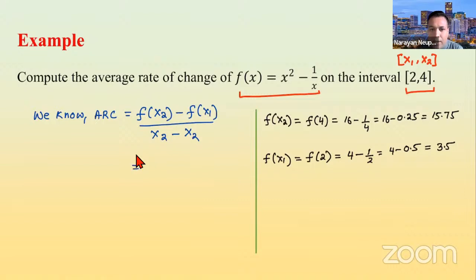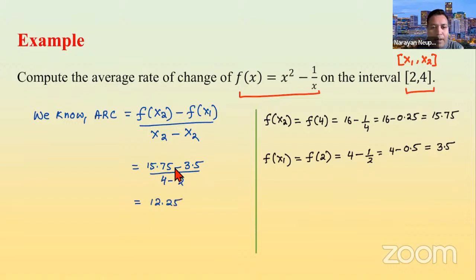So here, if we plug in, f of x2 is 15.75, minus f of x1, you can see f of x1 is 3.5, divided by, in the denominator, we have x2 minus x1. x2 is 4, x1 is 2, so that is 4 minus 2. 15.75 minus 3.5, if we subtract that, is 12.25.